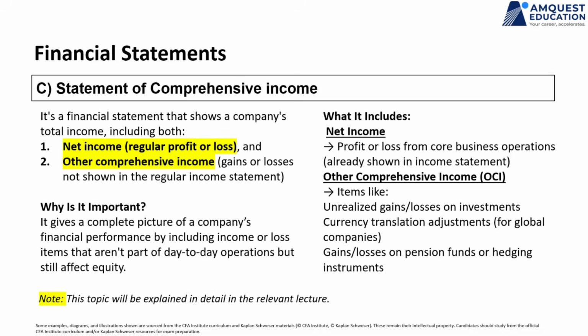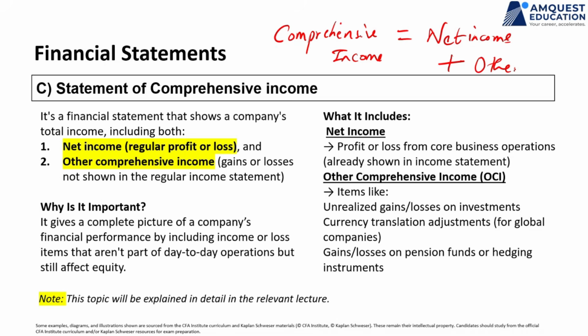First, what is the equation? The equation is comprehensive income. If you want to calculate comprehensive income, you will have to take net income. And to this net income, you will have to add other income.